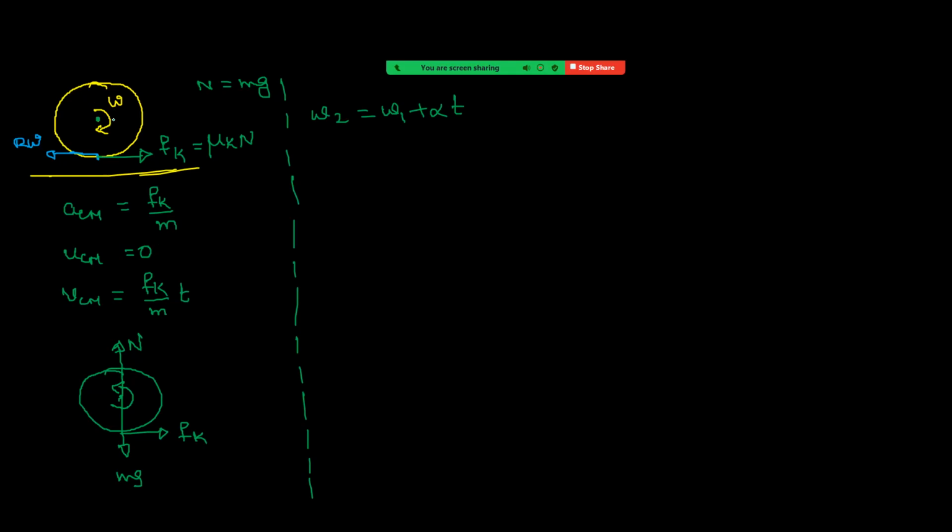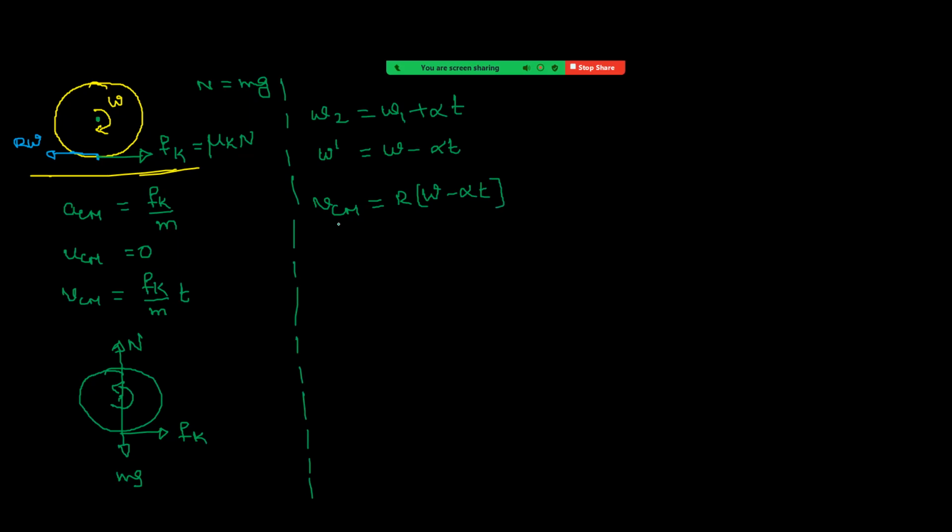If you take clockwise as positive, anti-clockwise will be negative. That means now omega, I'm taking as omega dash, is equal to omega minus alpha t. After some time, VCM is equal to R into omega dash. In the place of omega dash, write omega minus alpha t.